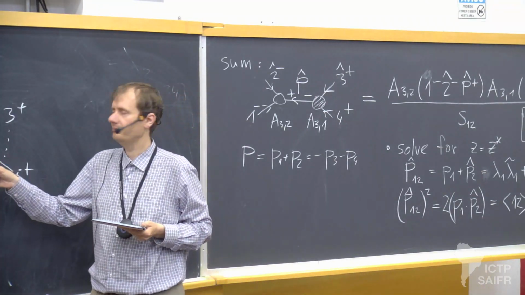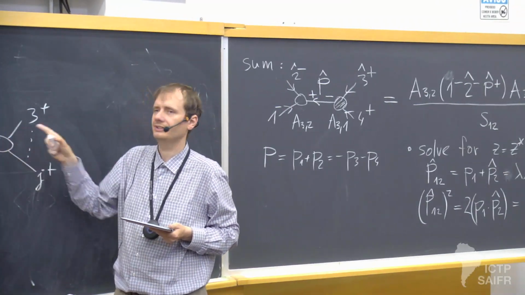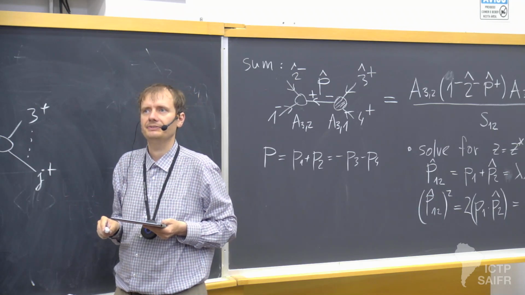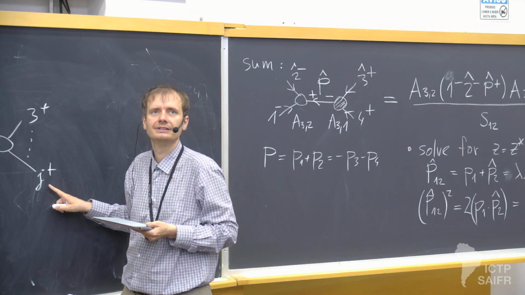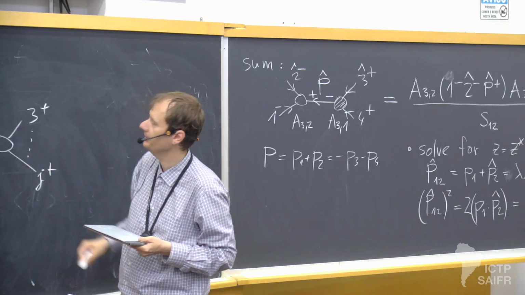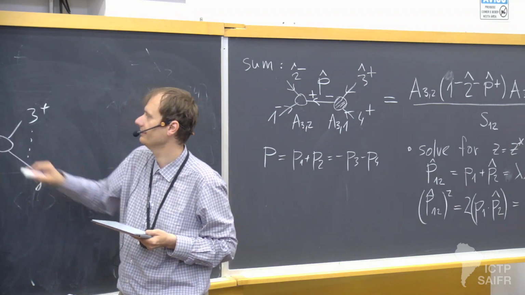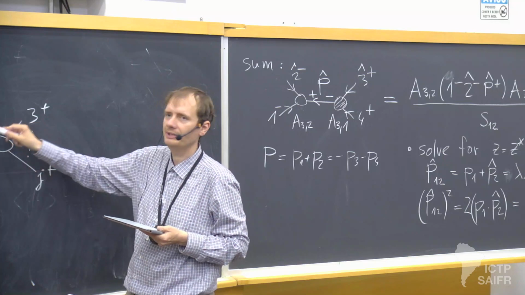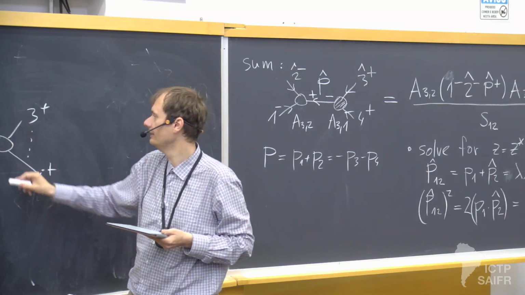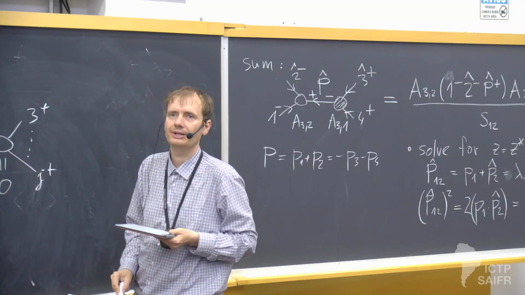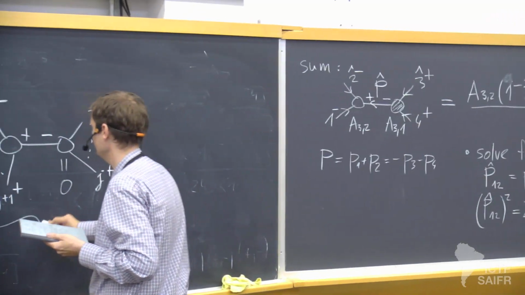Now, what is the problem with that? How do I fill the internal helicities of P? The problem is that all these guys are positive. So the best I can do is to put here minus sign and here plus sign. But still, this amplitude has only one minus sign. So it's the one where we said is 0. So this one is still 0. You cannot do anything with that. So this is 0.